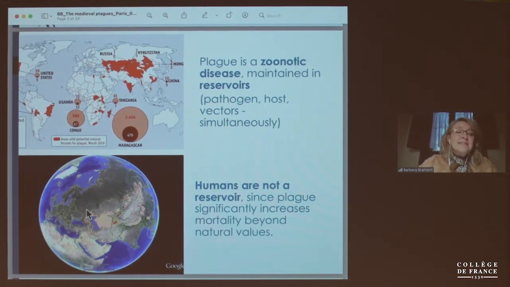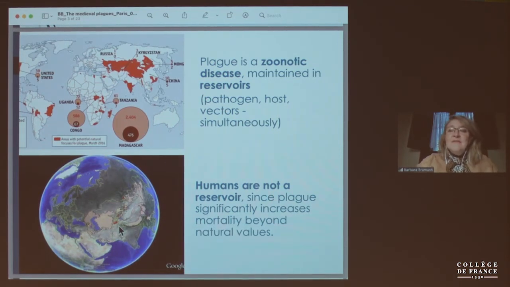And you can see that the reservoirs, which are in brown, are placed mostly or almost exclusively on the so-called desertic belt from the north of Africa through Asia.